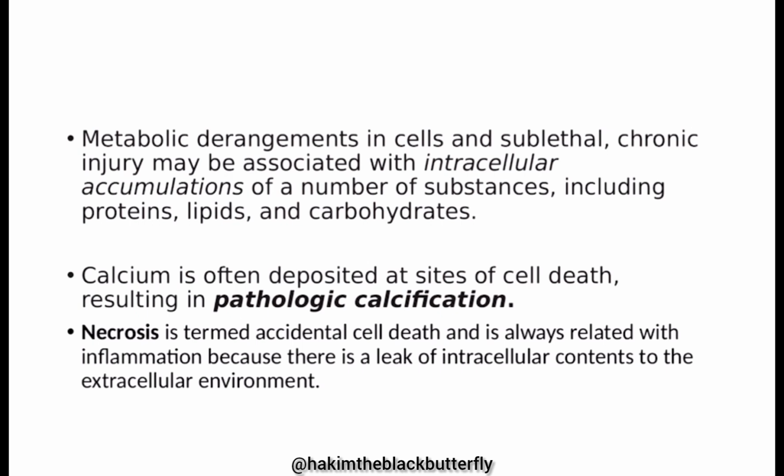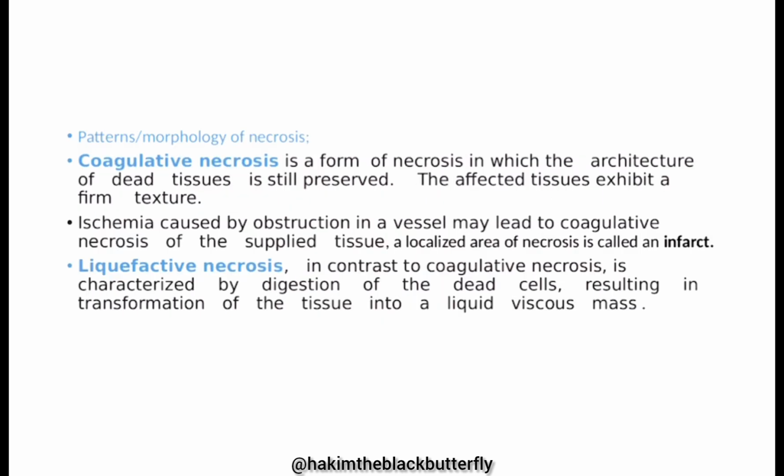How do you know the cells have died? How do they look? So we look at morphological features of necrosis. If the cells have died, how do they look? There are different morphologies of tissue necrosis, and one of them is coagulative necrosis.